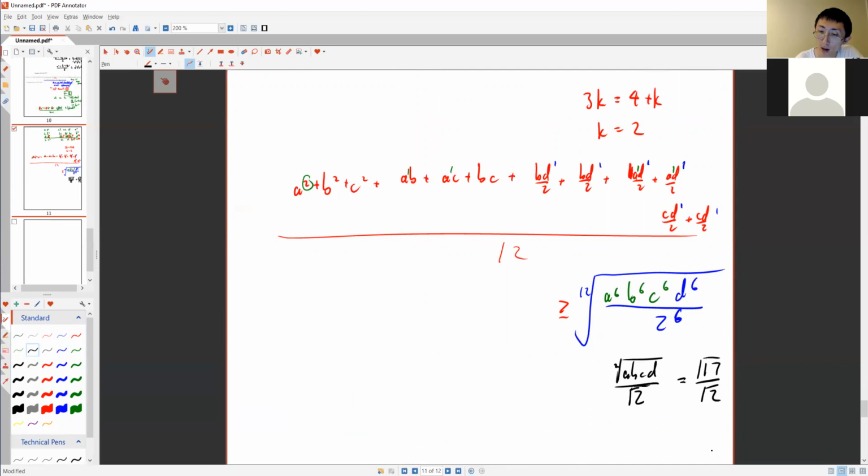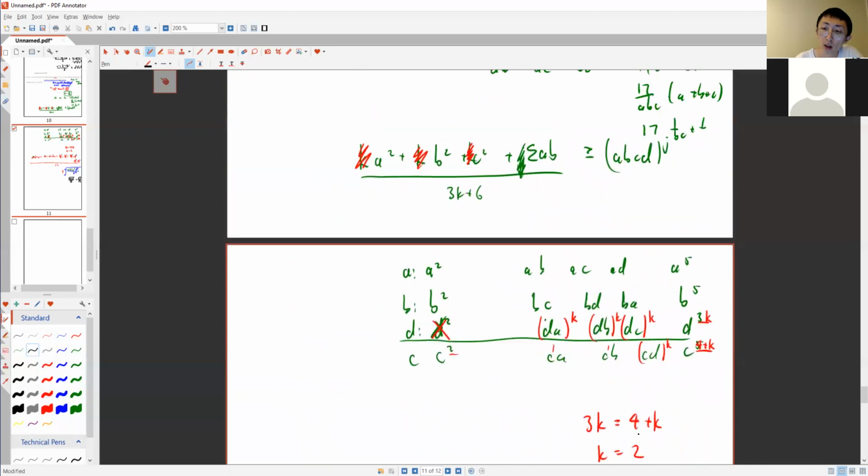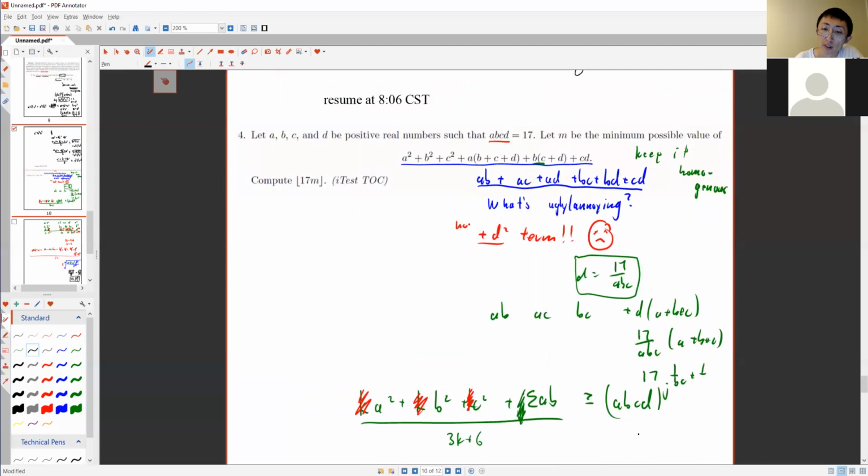So we multiply both sides by 12 and we get 12 root 17 over 2. That's the minimum value of that expression. And then you can compute the answer from there for this particular competition, but we don't need to worry about that for now.